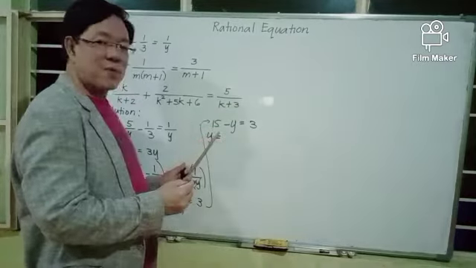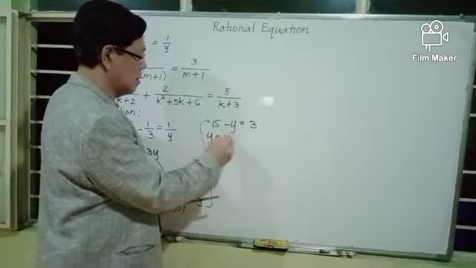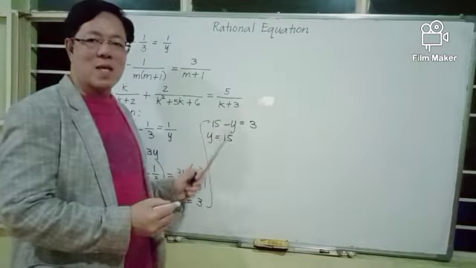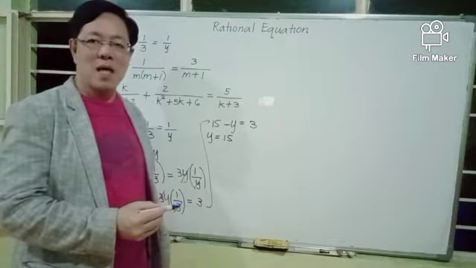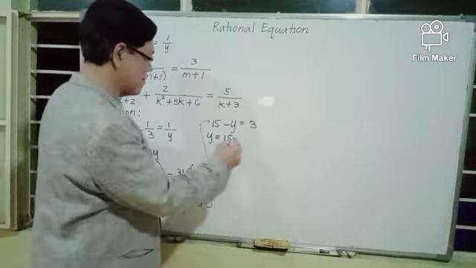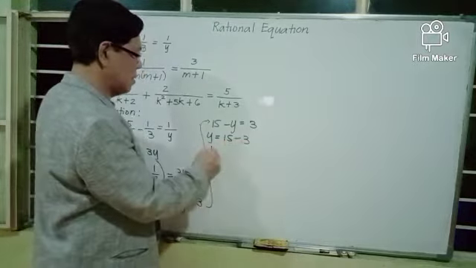Positive y equals 15, and positive 3 we transpose to the left hand side and we take the opposite sign of positive 3 and it becomes negative 3 after transposition. Therefore y equals 15 minus 3 is 12.